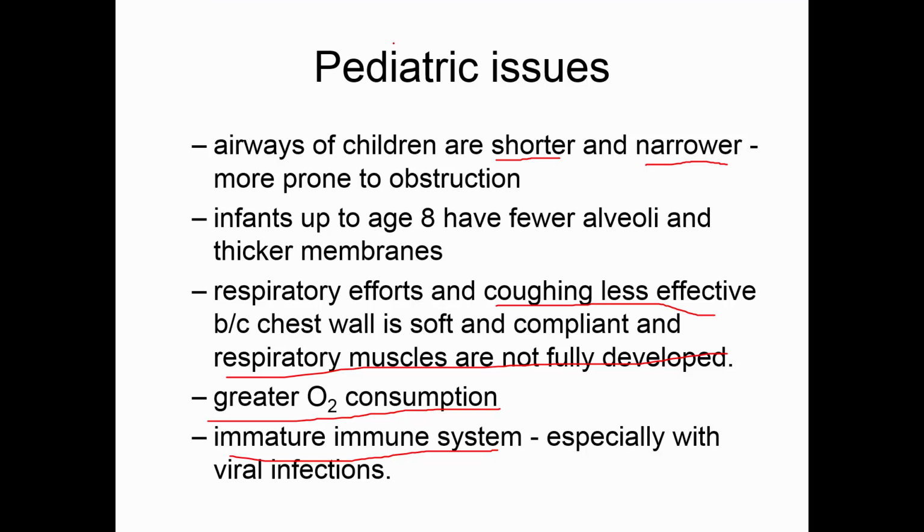And finally, children have very rubbery chests. So they have very highly compliant rib cages. That makes it easy for them to inhale, but harder to exhale and harder to make a productive cough. And they have little tiny airways, so they have issues with airway resistance.